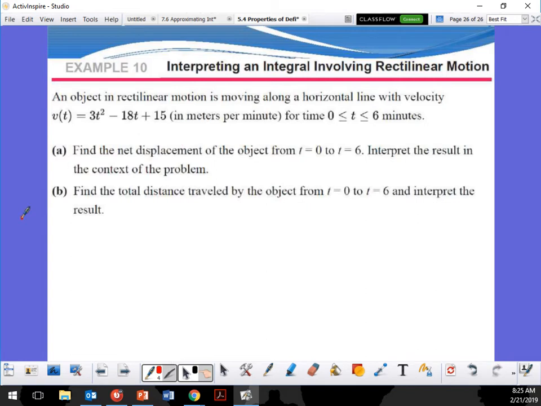So let's do the net displacement for this. Now for this, it's going to be from where to where? 0 to 6 of my function 3t squared minus 18t plus 15 dt, right? Yes? Okay, so let's go through and actually do it.